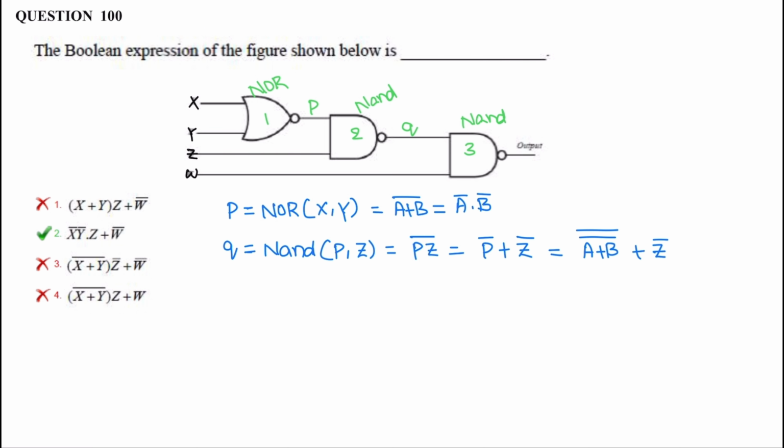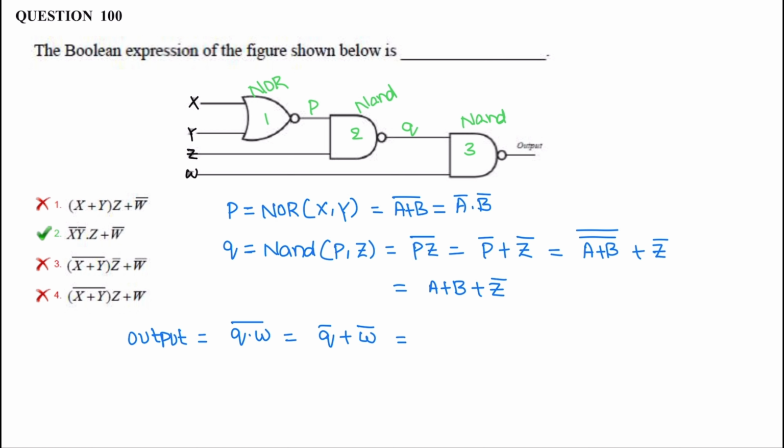It can be written as a plus b plus z bar. Now output. Output is (Q dot W) whole bar, that is Q bar plus W bar.